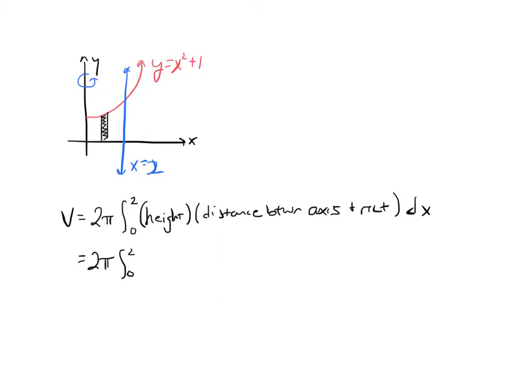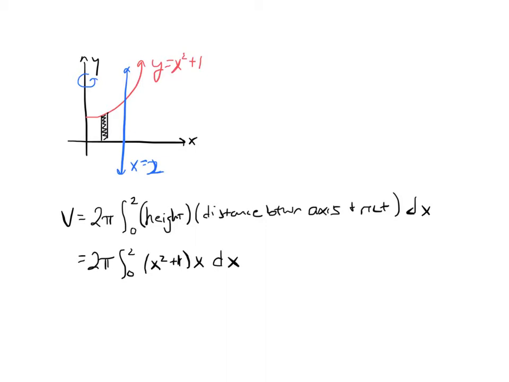The height of the rectangle is top minus bottom, so we've got x squared plus 1 minus 0. I'm not going to write the 0. And then the distance between the axis of revolution and the rectangle here is some x value. So this is x squared plus 1 times x dx.